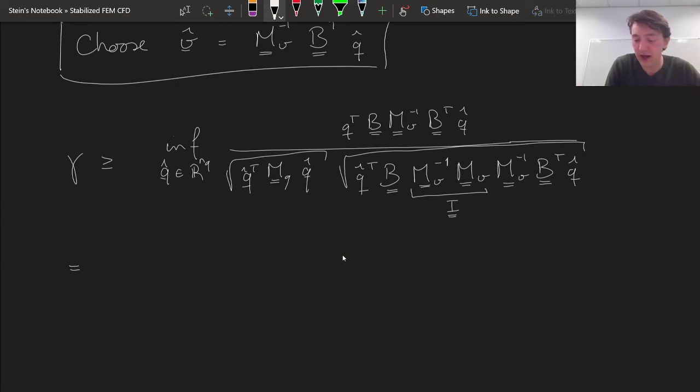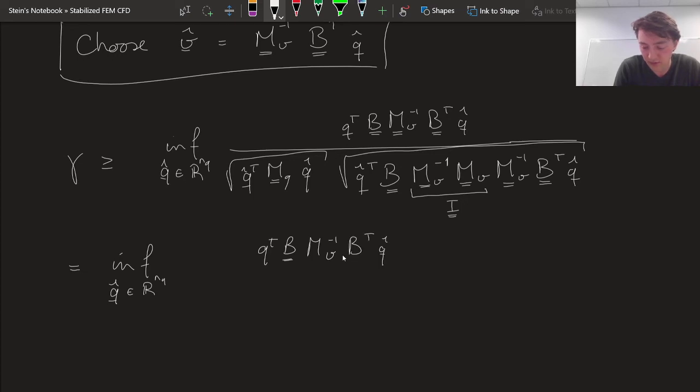So I'm dividing by whatever is in the square root here. So now I have the infimum over q hat in R^{n_Q} of the square root of q^T B M_V^{-1} B^T q divided by q hat^T M_Q q hat.